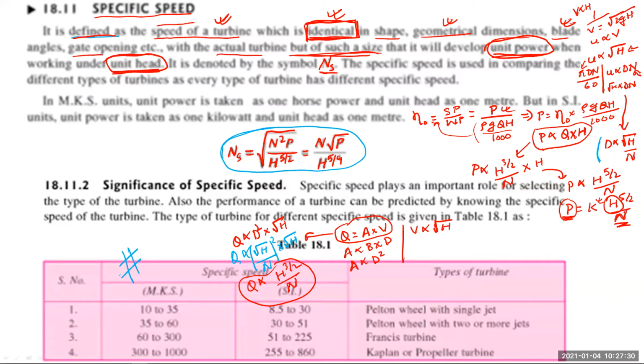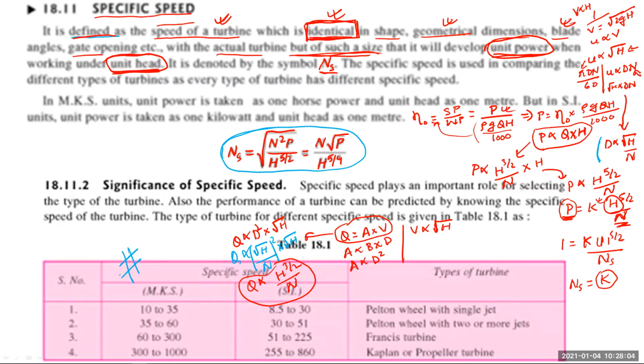So this N will become NS. So let's substitute for unit power equals to 1. K I will write as it is. Head is unit, so 1 raised to the power 5 by 2 divided by N. Now N will become NS, specific speed. If you bring this NS on the left hand side, 1 raised to the power anything will be 1 only. So NS equals to K. So this constant of proportionality is nothing but your K.